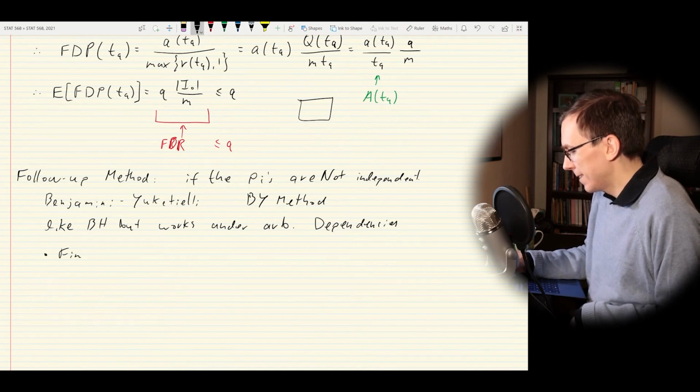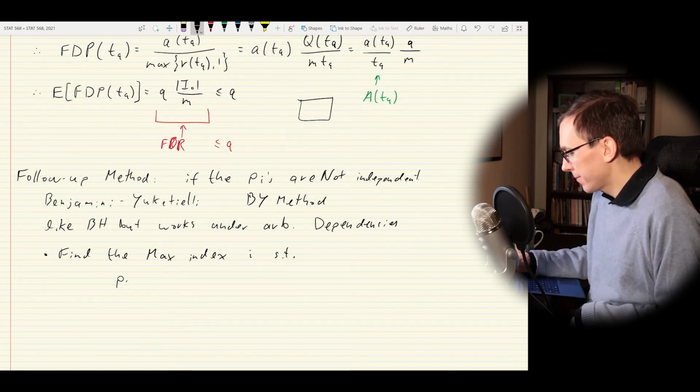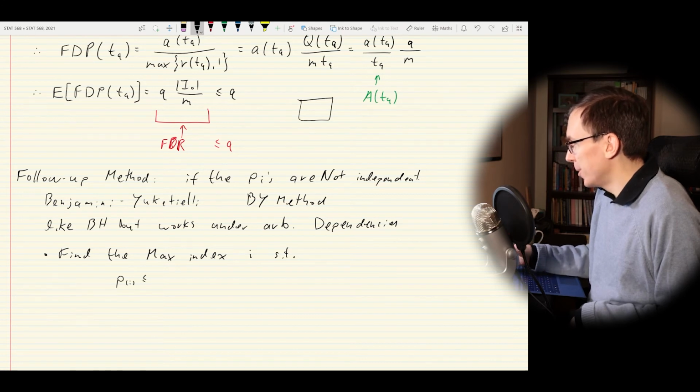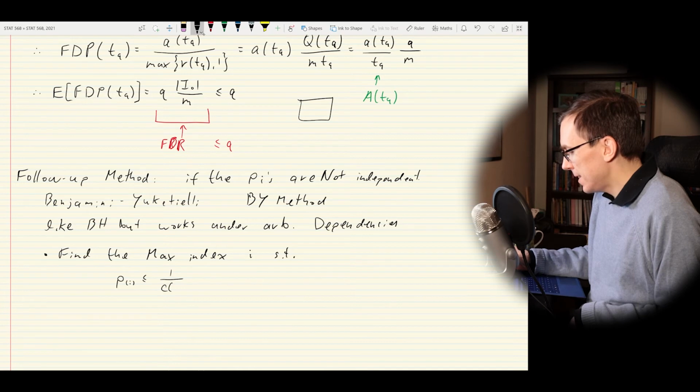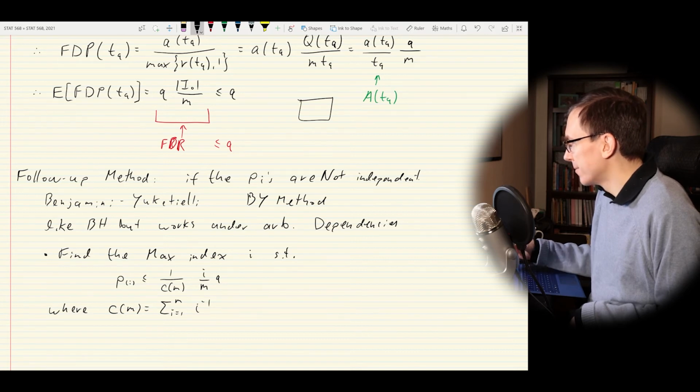We find the max index i such that p_i is less than or equal to 1 over C_m, whatever that is, I'll tell you in a second, times i over m times q, where C_m is equal to the sum, a harmonic series, of i to the minus 1.